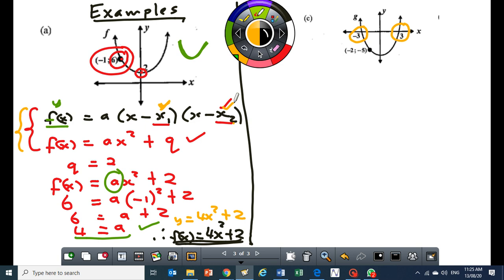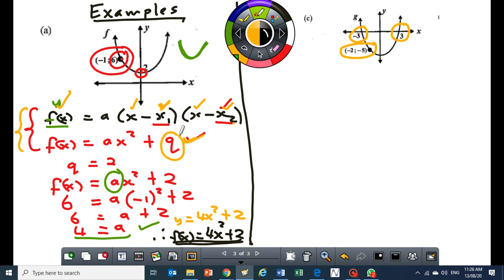Okay? I also have a point. That point, I have the x value, which is negative 2. I also have the y value, which is minus 5. Which means I don't need to use this equation because I don't know what q is. Okay? If you look at the graph, you cannot determine q.